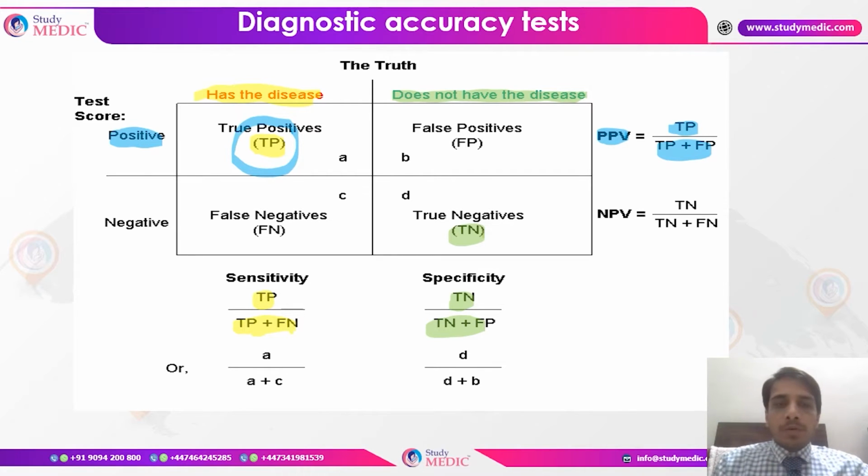Then what is negative predictive value? Of those who are tested negative, how many are not having the disease, which is called the negative predictive value. That is true negative by true negative plus false negative.